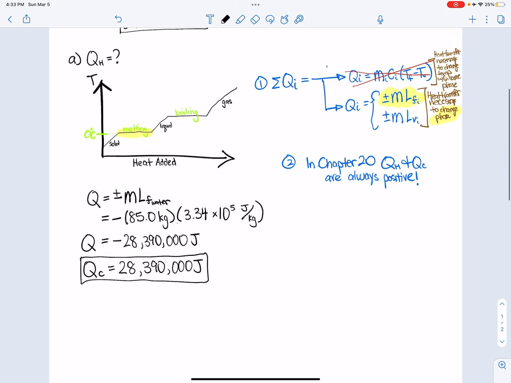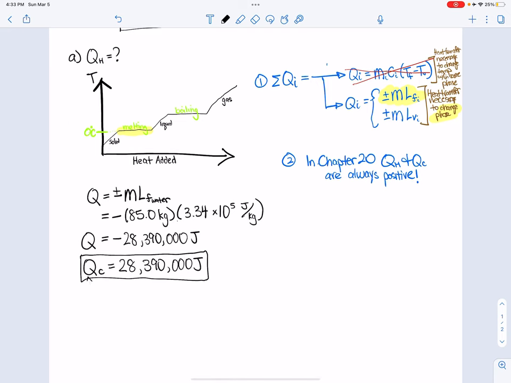All right, so this is, again, I'll just clarify, this is the heat transferred from the cold reservoir to the system.